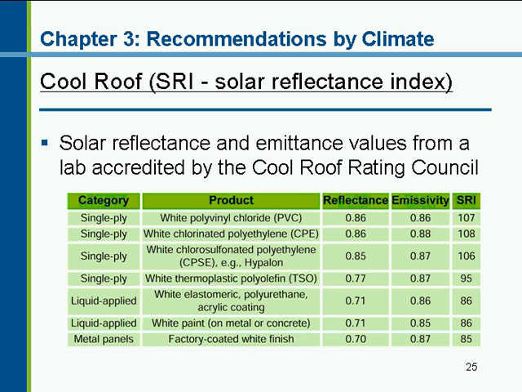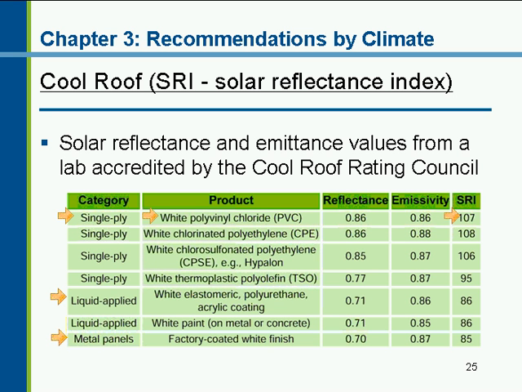When you look at these different options here, you can see there's some single-ply roof options. There are some liquid-applied coatings that can be installed, and there are metal panels. When you look at the single-ply and the coatings, you see that most of these are white coatings. And you see some of them have pretty high SRI values, you know, up to 107, and the criteria is 78, so that's, you know, 30% beyond what their requirements are.